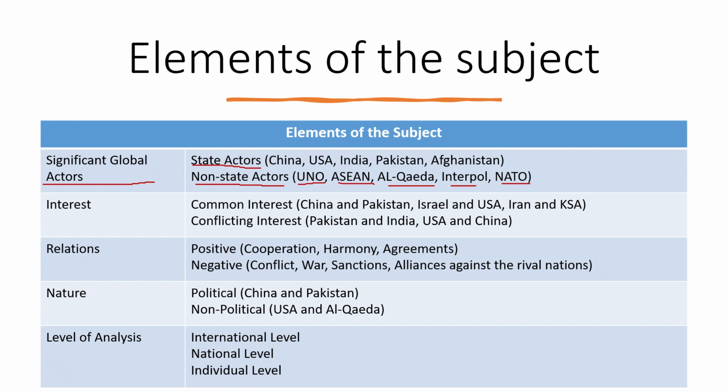Now I'm going to define interest. I have said that everyone in the world has some interest. State actors have some interest and non-state actors also have some interest. So there is a very huge possibility that states have some common interest and states have some conflicting interest. For example, China and Pakistan have common interest. Both the countries want to develop economically. Israel and USA have common interest.